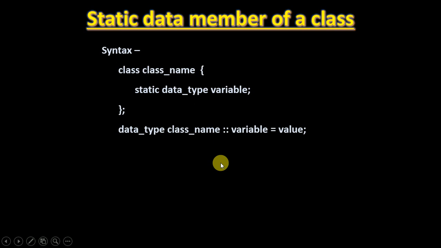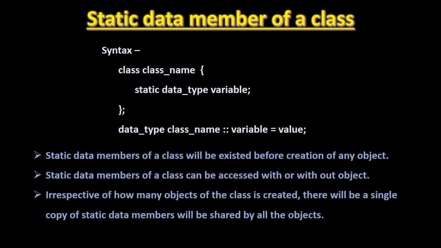Right. Now, static data members of a class will exist before the creation of any object. Meaning, the existence of static data members is tied with the class, not with the object. We know that the class comes first, and only next the object comes. So as soon as the class comes, static data members automatically get memory, and they are not part of your object.